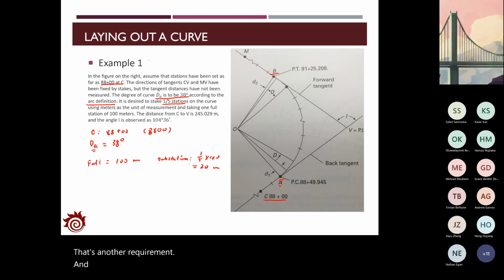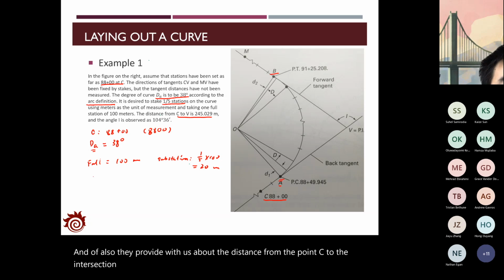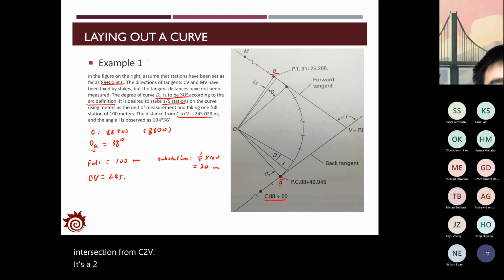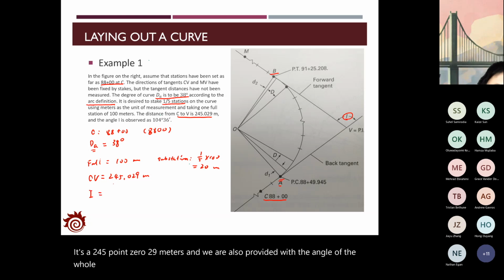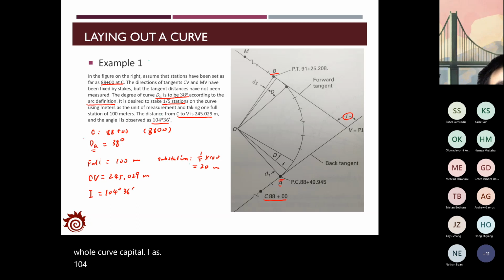They also provide us the distance from the point C to the intersection, from C to V, which is 245.029 meters. And we are also provided with the angle of the whole curve, capital I, as 104°36'.